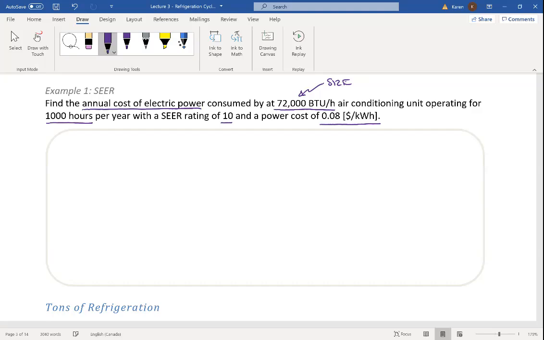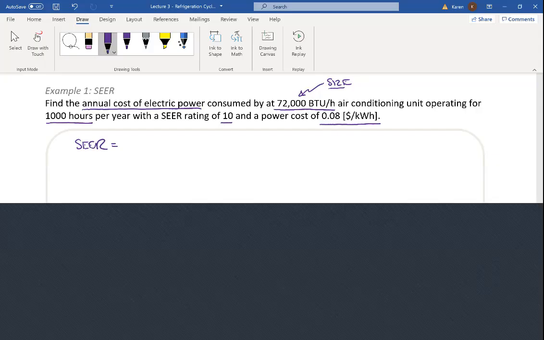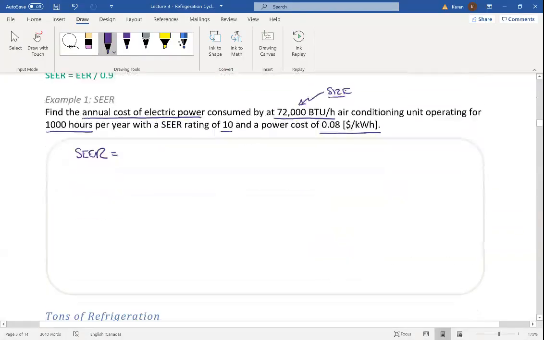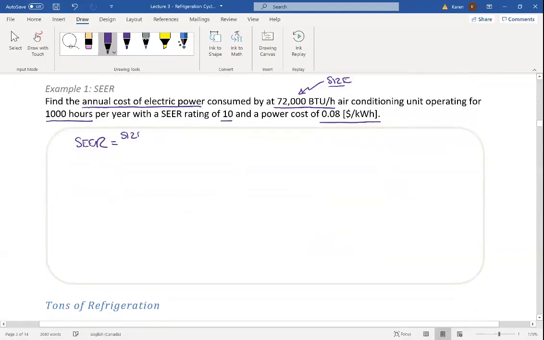So let's start with what we know, our definition of SEER. SEER is BTUs over watt hours of energy, or it's BTU per hour size over the power in watts. Since we have the size of the system in BTUs per hour, I'm going to use that version of the equation. That's how many BTUs per hour this system can crank out, and that's a common way of measuring.